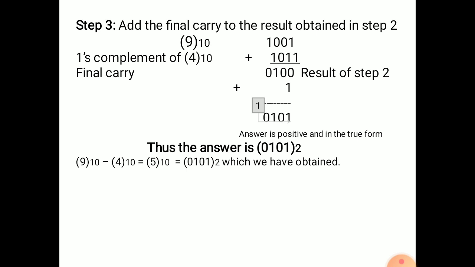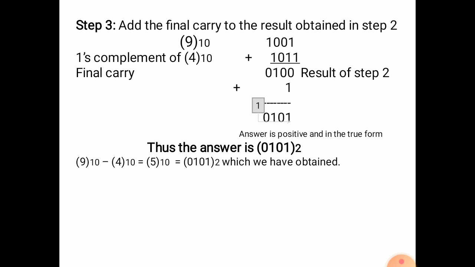And next 1 plus 1 answer is 0 with carry 1. Final carry is added in this result. Then 0 plus 1 is 1, and 0, 0, 1, 0 as it is. The answer is positive and in the true form. Thus, the answer is 0, 1, 0, 1 to the base 2.